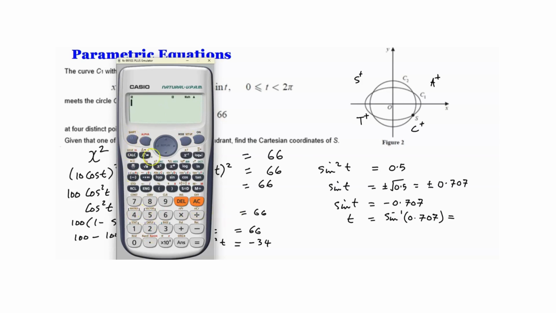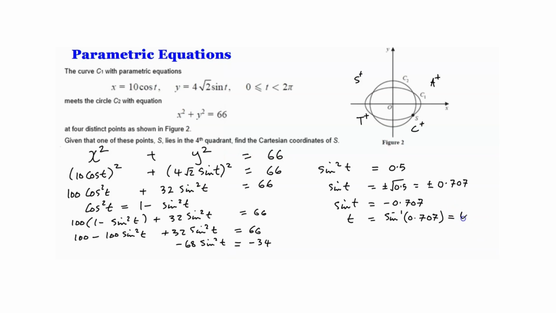So the inverse of sine 0.707. So in radians, the value of t then is 0.785 to 3 significant figures.